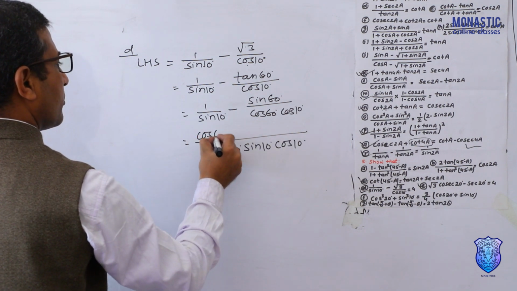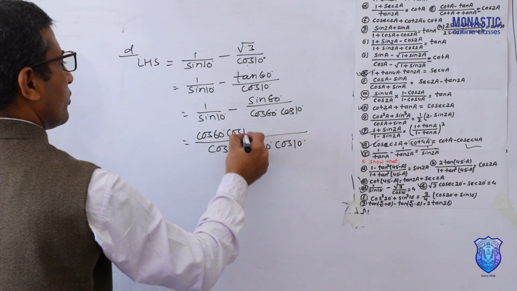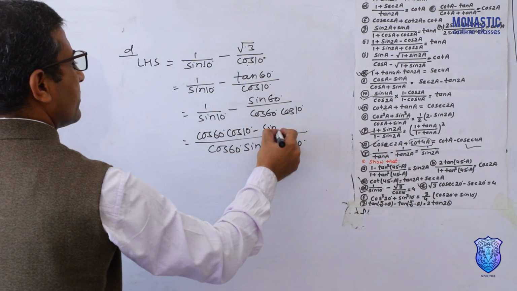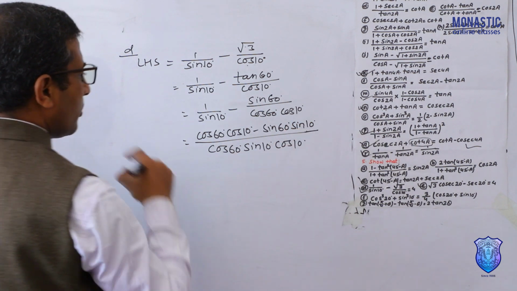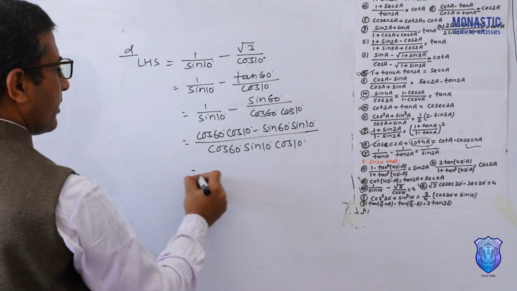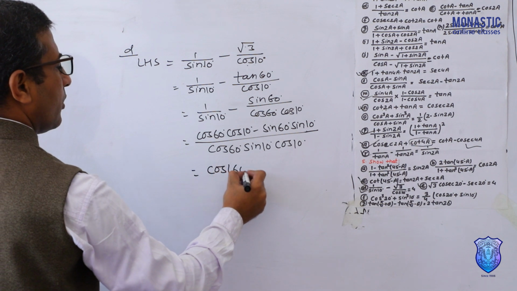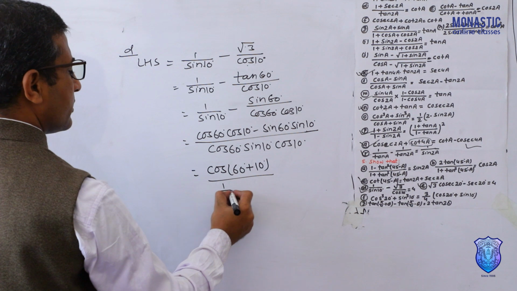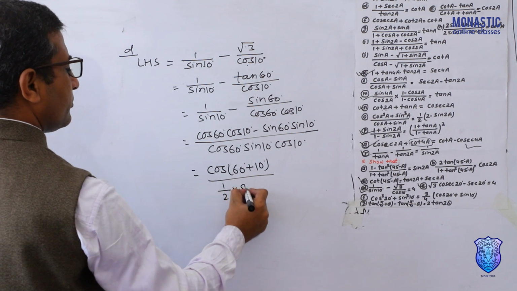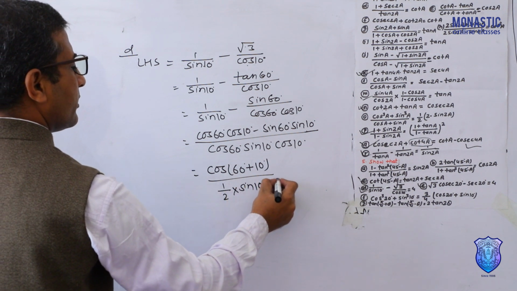The upper part came cos 60 cos 10 minus sin 60 sin 10. Now look carefully at what formula you have. Cos of A plus B. And cos 60 value is 1 by 2. It is sin 10 cos 10.